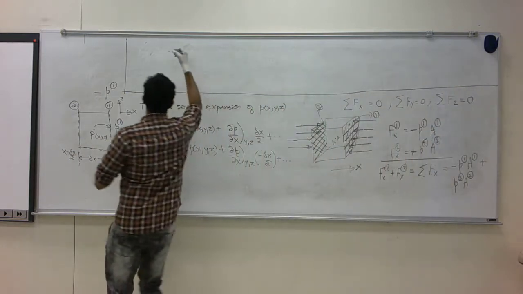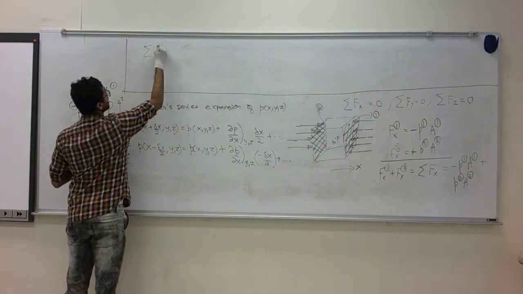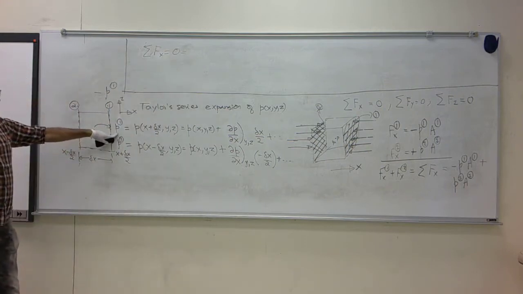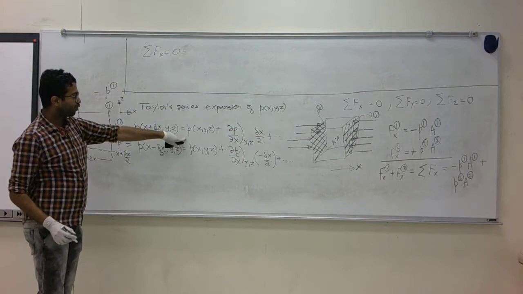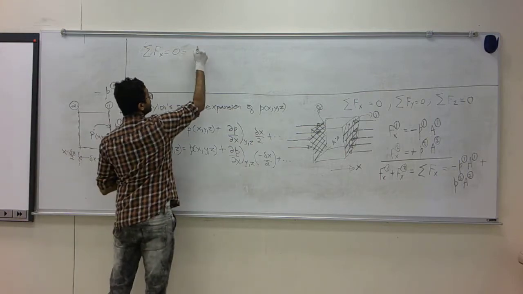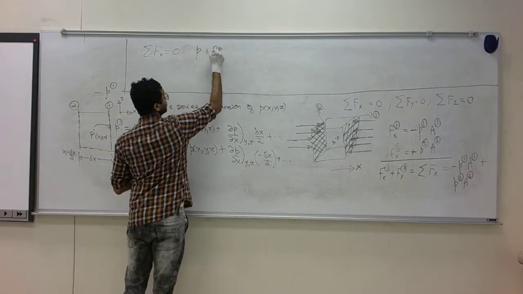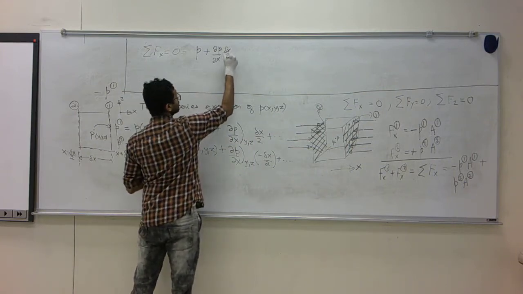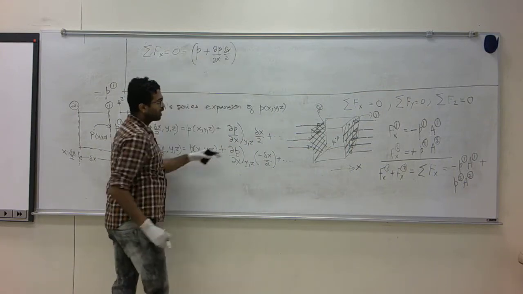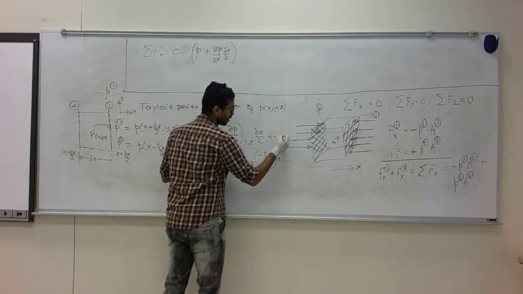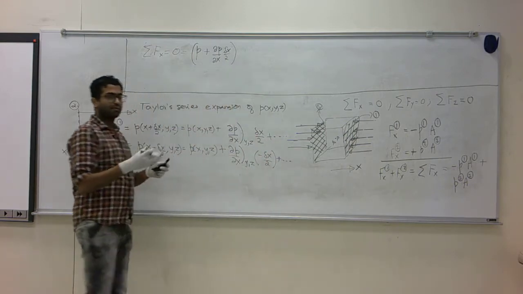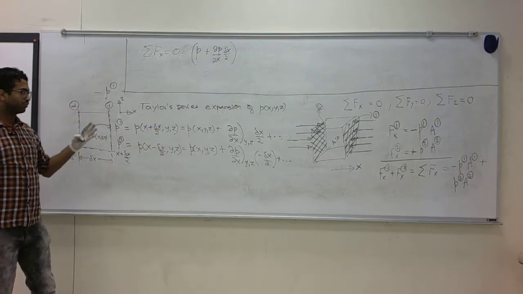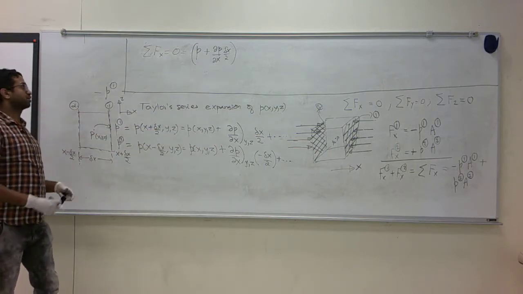So I have sigma Fx, which is 0, which is equal to P1. I'm going to write P1 as P plus partial P over partial x times delta x over 2. I am leaving out a bunch of other terms because they are much smaller compared to the top two terms. It's just a mathematical way of making an approximation.